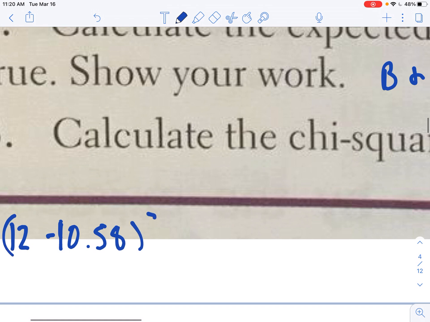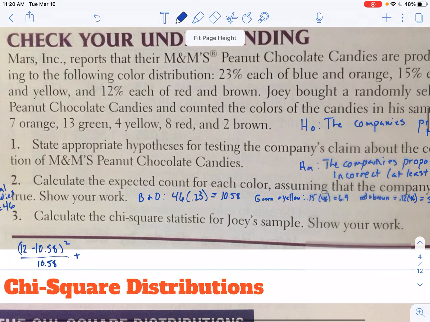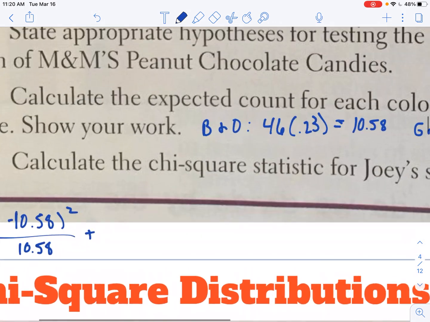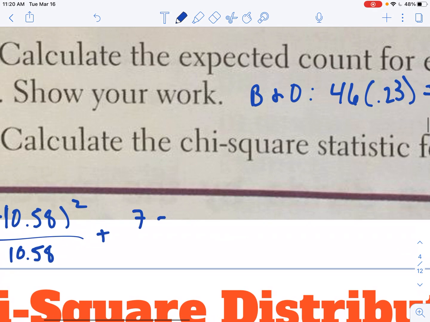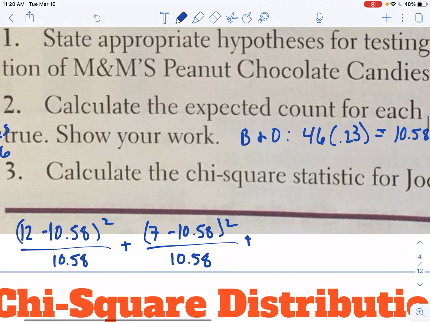This will be squared all over 10.58. We add this to the actual value of orange, which is 7, minus the expected value of orange, squared all over 10.58. We'll do this with green.